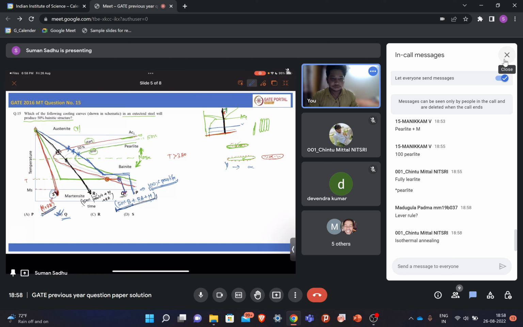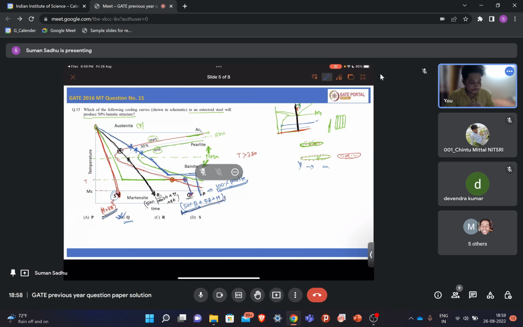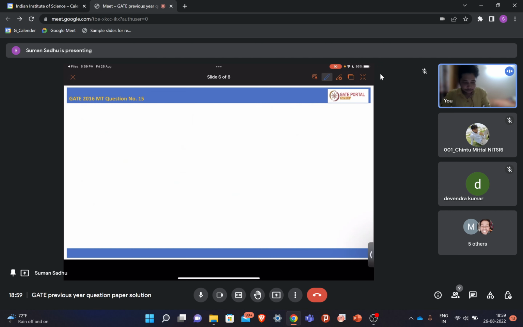Okay, let's say you took one alloy here. Let's say I'm taking this alloy only. Okay, let's move into the next page so it will be better.